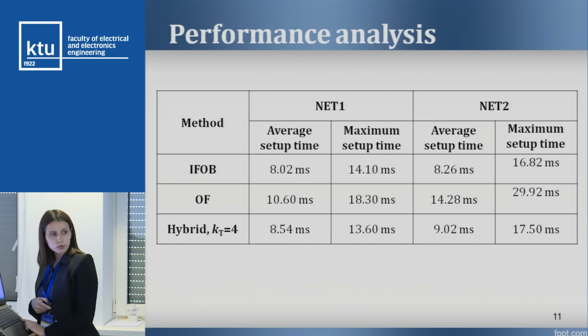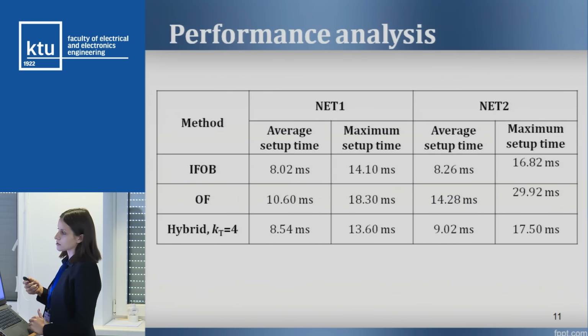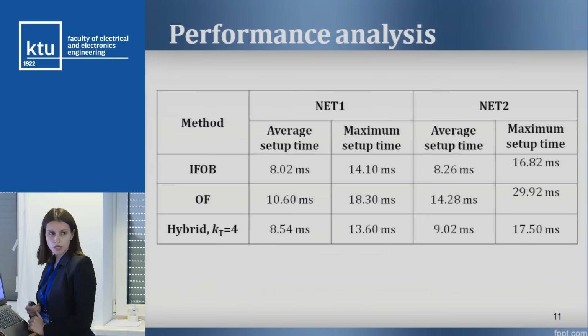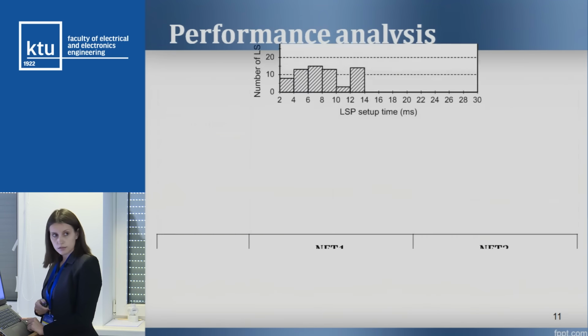And there are two main reasons for the reduction in these times compared with the out-of-fiber method. First, the reduction of delay is a consequence of having a small number of routers and a small processing time. And the second is that a certain number of established paths, about 20% in our simulation, were established exactly in the hybrid method like in the in-fiber out-of-band method.